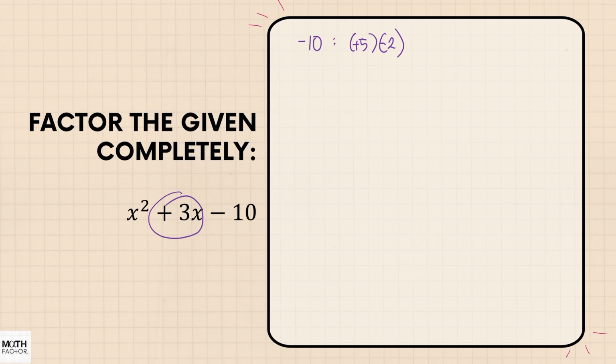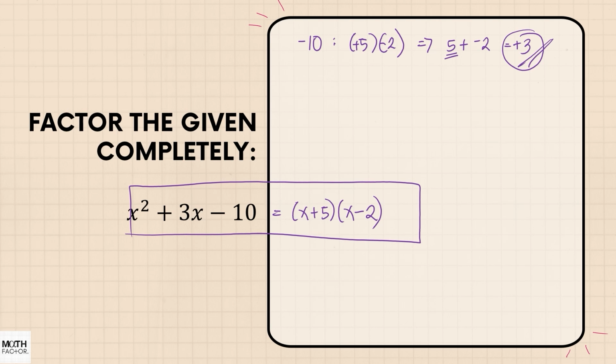If we add this, positive 5 plus negative 2, since they have different signs, we're going to subtract. 5 minus 2 is 3, and we get the sign of the bigger number, which is 5, which is positive. So the sum is positive 3, and as you can see, it matches our middle term. So meaning, the factors would be x plus 5 and x minus 2.